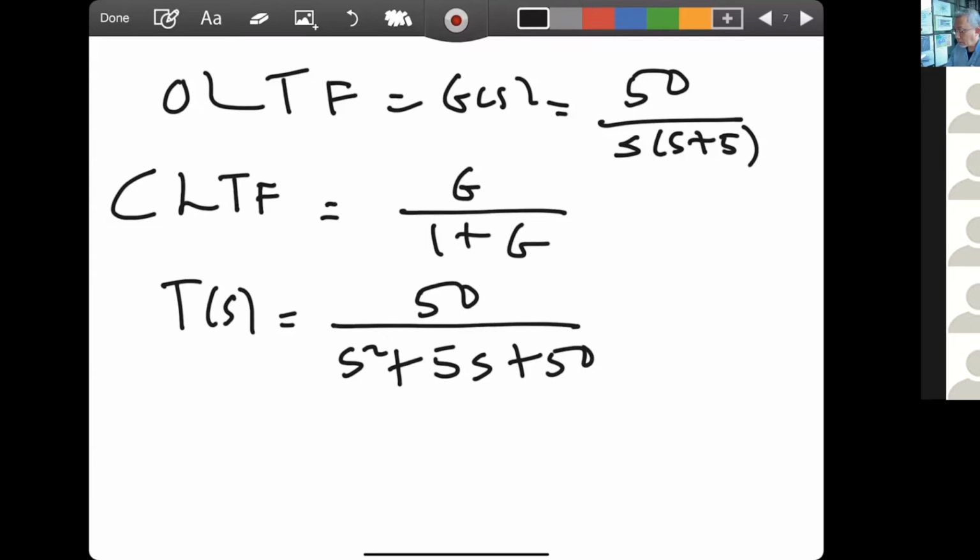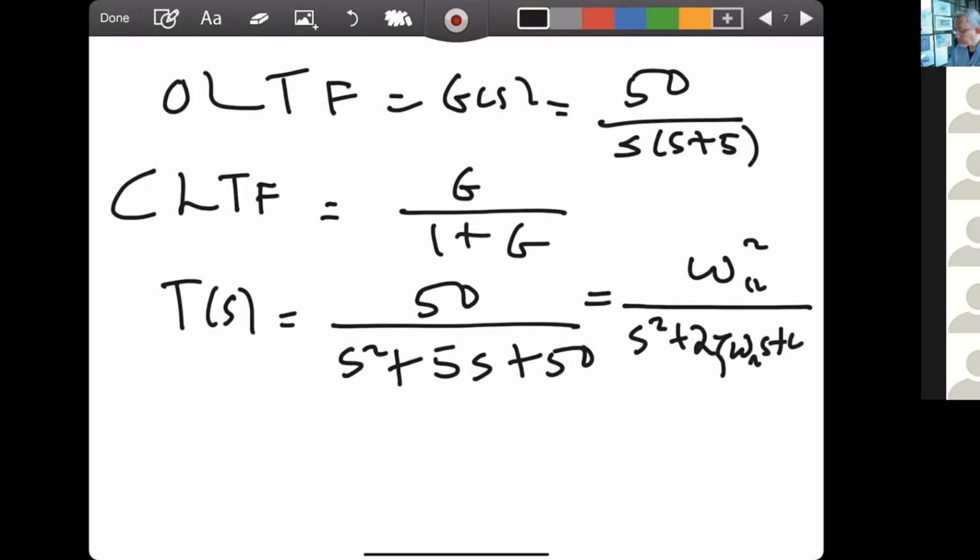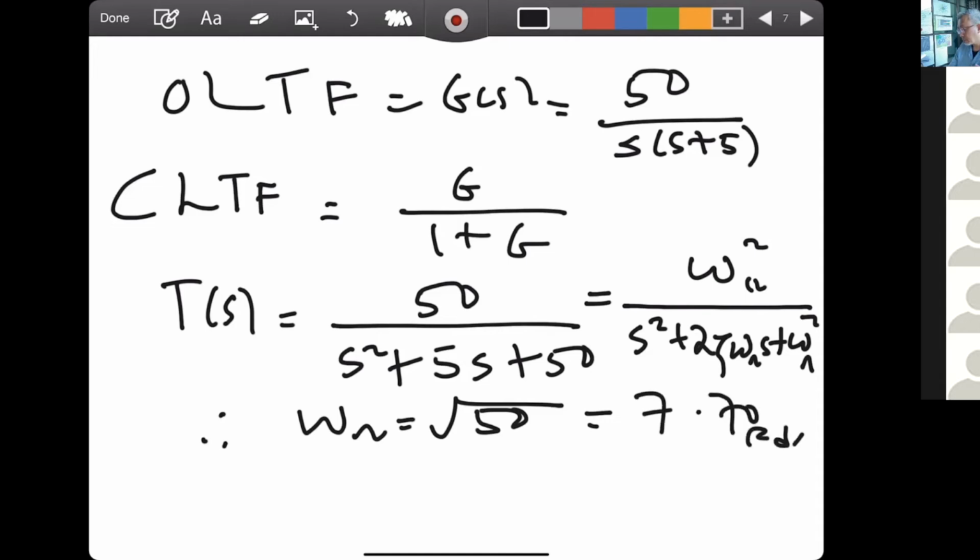Then compare dengan standard second order equations. Kan? Betul tak? Omega n ni berapa? Square root 50. Cyrus? 7.07. Okay.